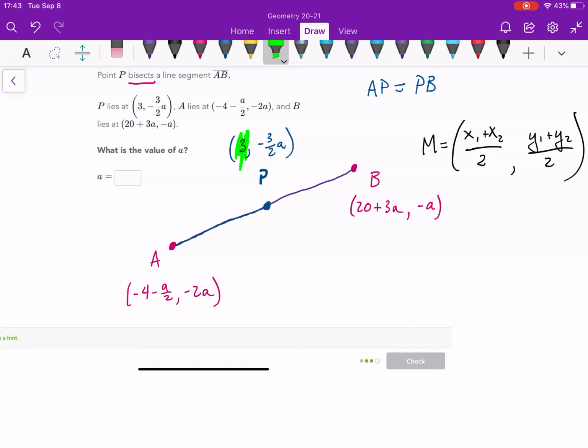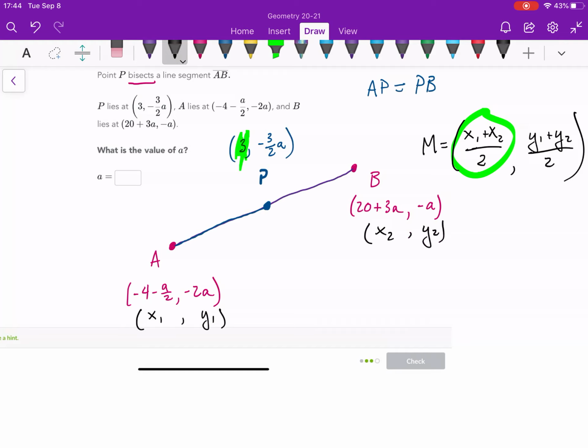And so that's going to make it easy. I know the x value of my midpoint is the average of my x values, so x1 plus x2 divided by 2. All I need to do is consider that this is x1, y1, and this is x2, y2.